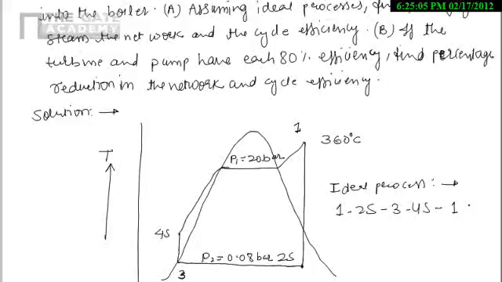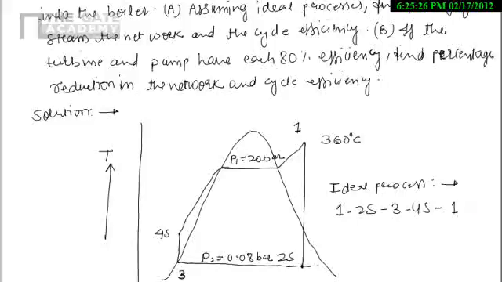Now we have already discussed in the real scenario there will be losses like piping losses or losses in turbine and pump, but we are not considering the piping losses. We are just considering the losses in turbine and pump.